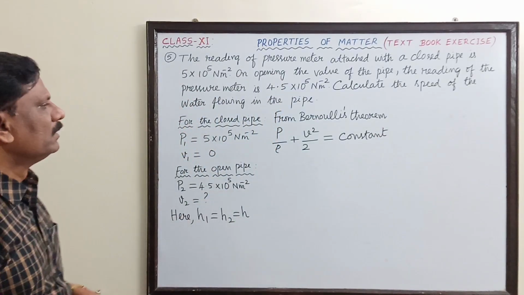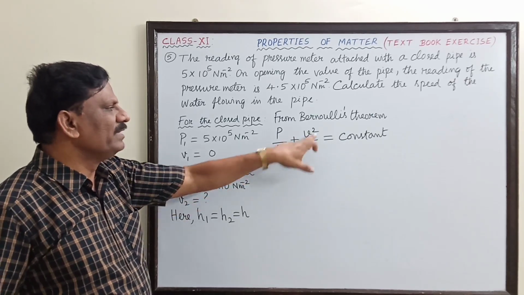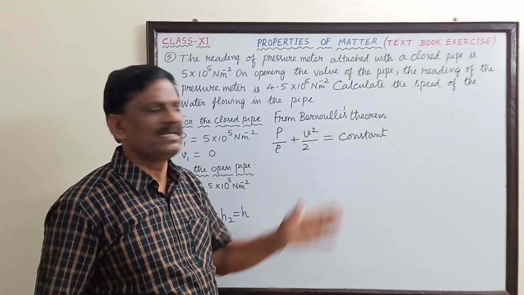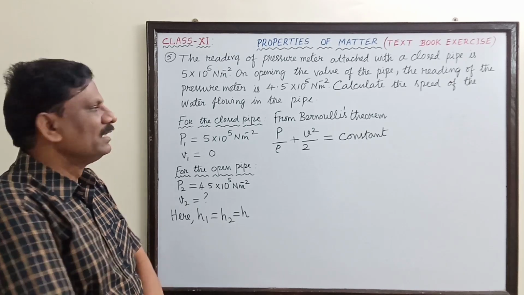So P by rho is pressure energy per unit mass, V square by 2 is kinetic energy per unit mass, and the potential energy on both sides gets cancelled because the height of the tube is a constant.